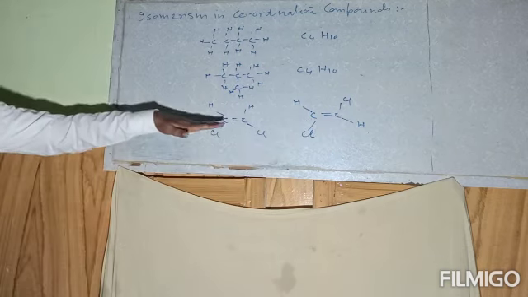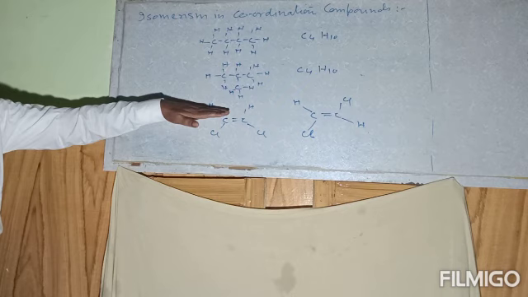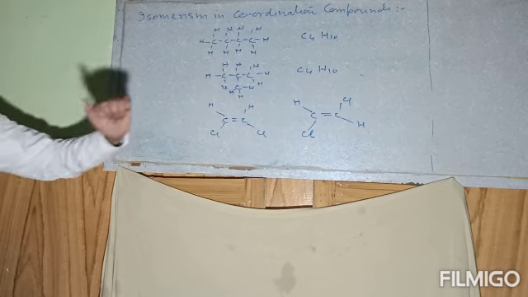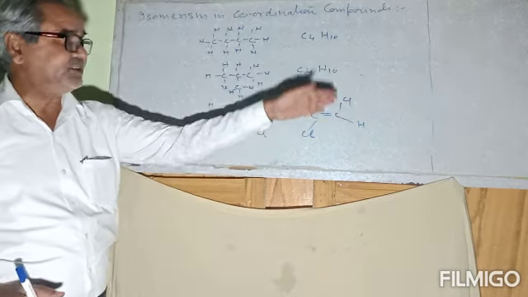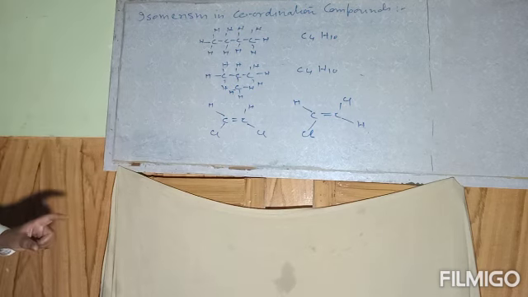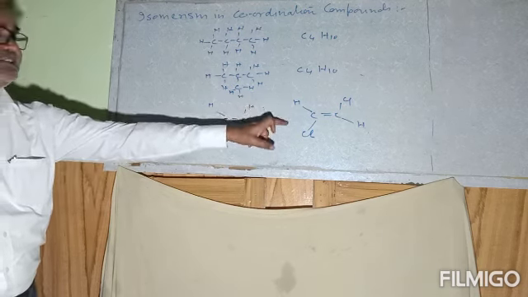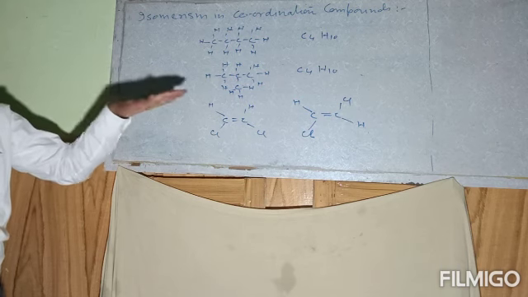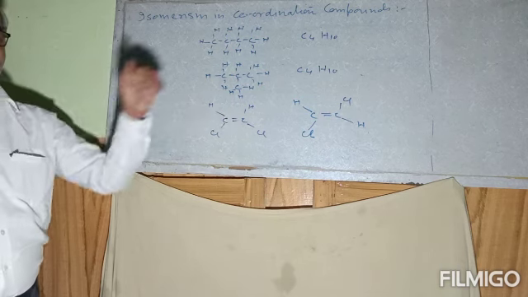That is, in this compound the same atoms are on the same side and in this compound different atoms are on the same side. Bonding is the same, spatial arrangement is different. There is a difference of the atoms in space.